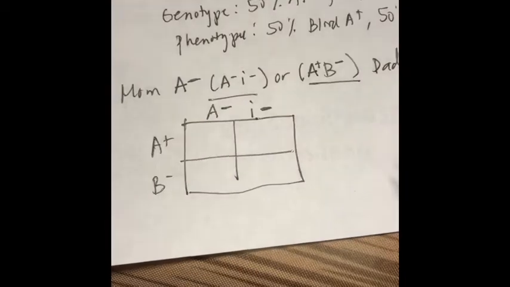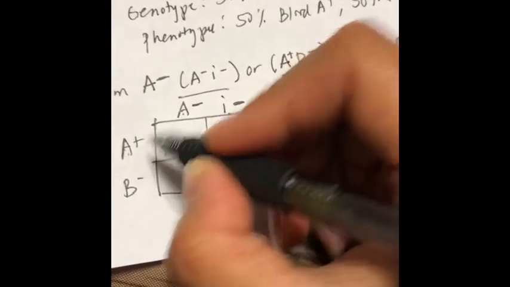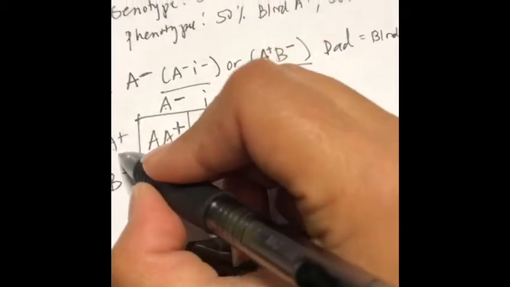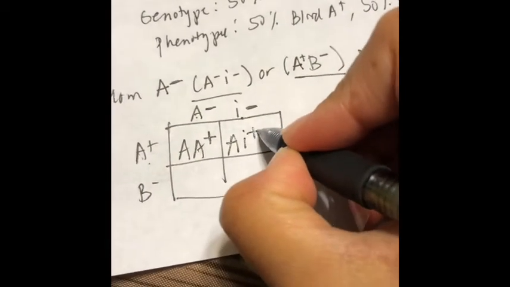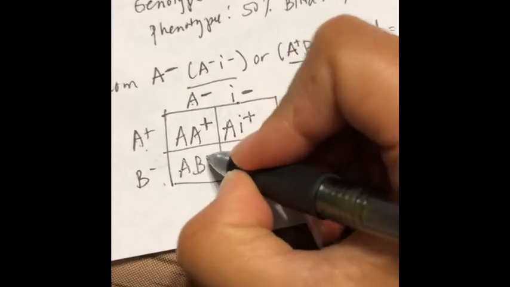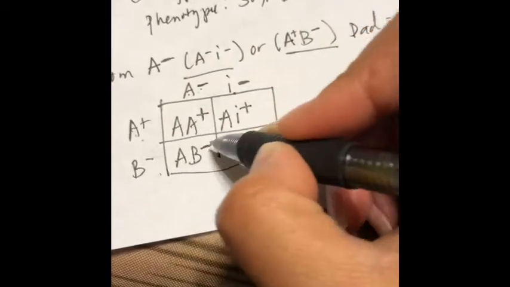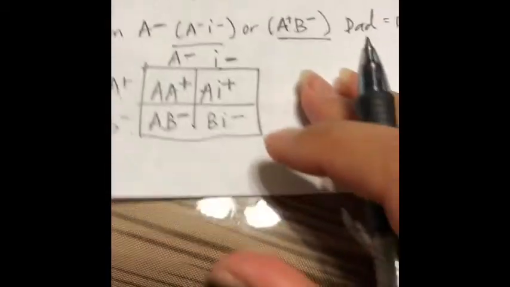Okay, so now let's do the Punnett square. This becomes homozygous dominant, but again, because the positive is stronger than the negative, this will say positive. Same thing with this one. It becomes AI positive. And then this one becomes AI negative because they are recessive. Only two negatives make a negative. And this becomes BI minus.